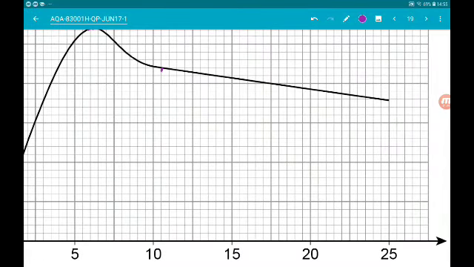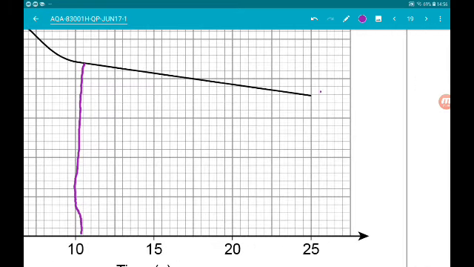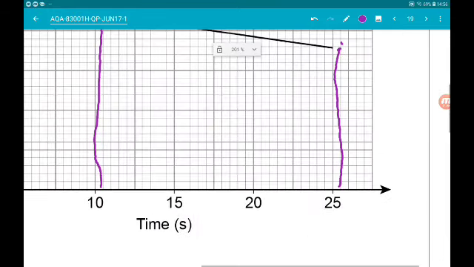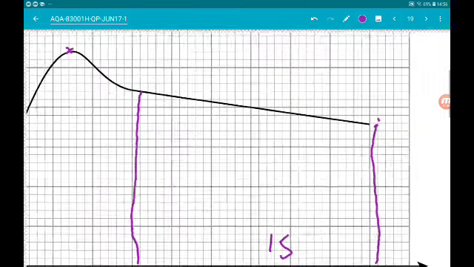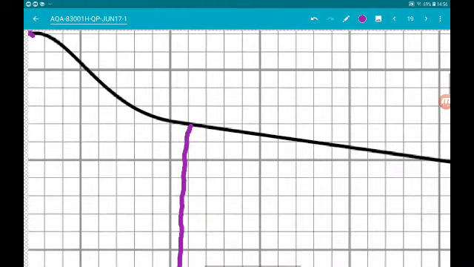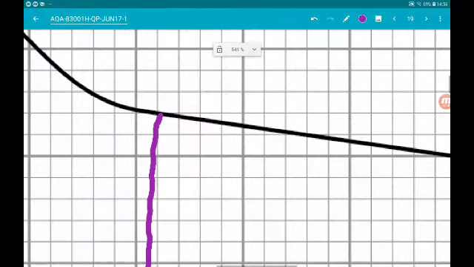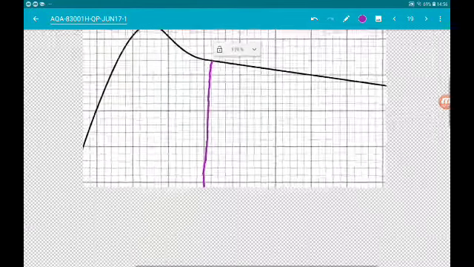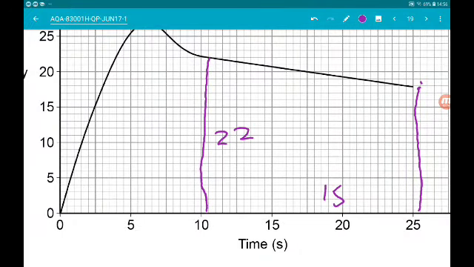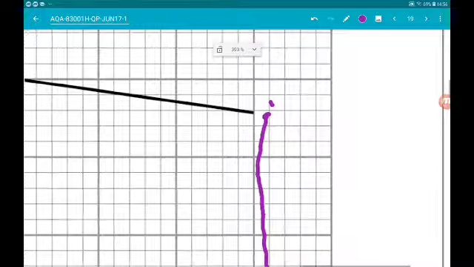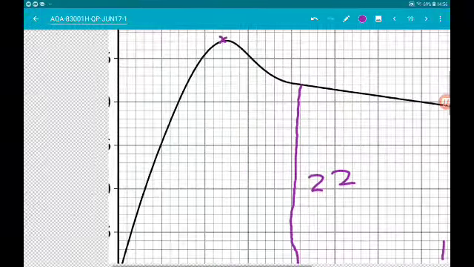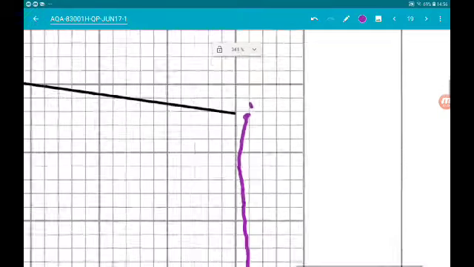So what we've got in this shape is a trapezium. Now the height of the trapezium is 15. What would be the base length is 22. Yeah, 22. And what would be the top length is 18, I think. Yep, 18.